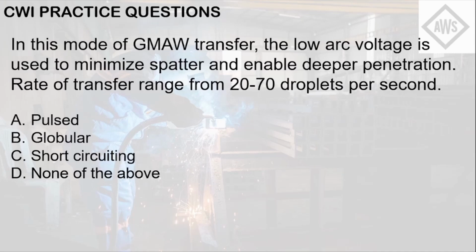The rate of transfer ranges from 20 to 70 droplets per second, and it enables deeper penetration. Letter A, pulsed, and C, short-circuiting, operate at a lower heat and current setting, so they will not be able to provide deeper penetration of the weld. So the answer here is globular transfer because of the amount of globules produced to the weld pool, which enables deeper penetration.